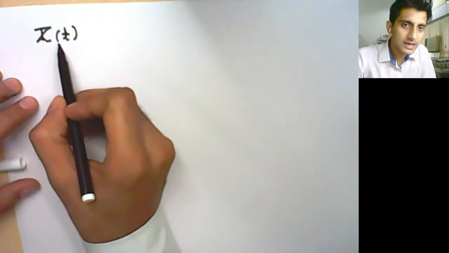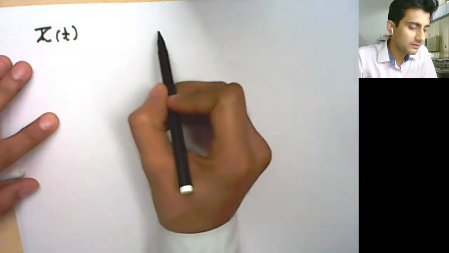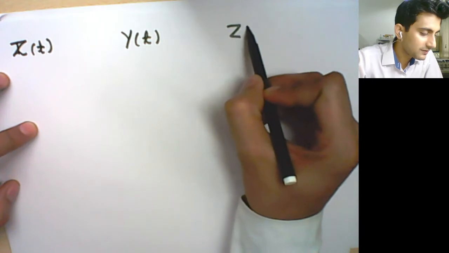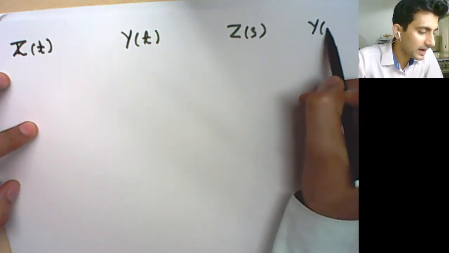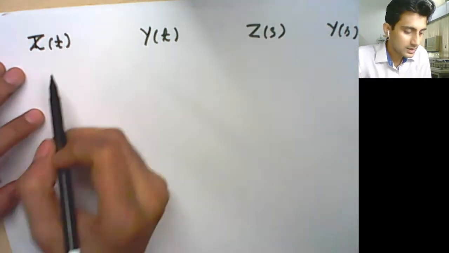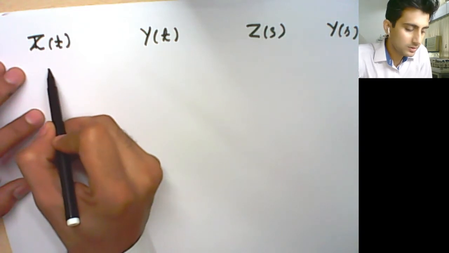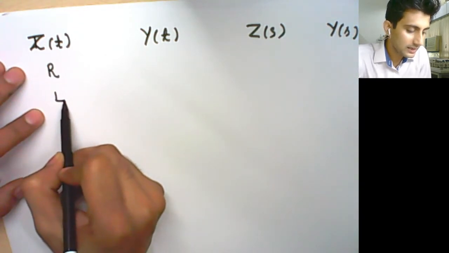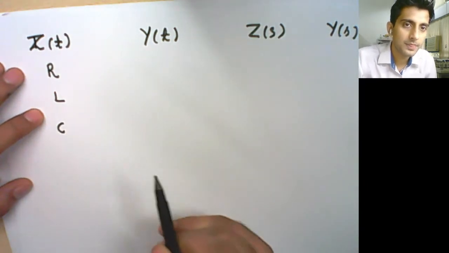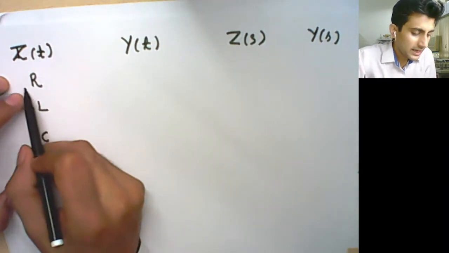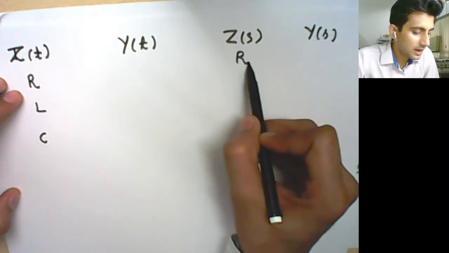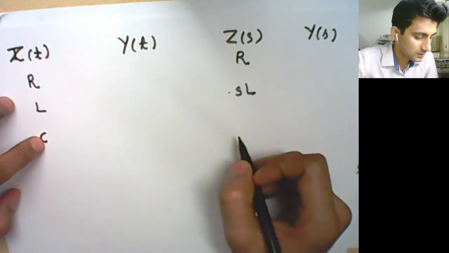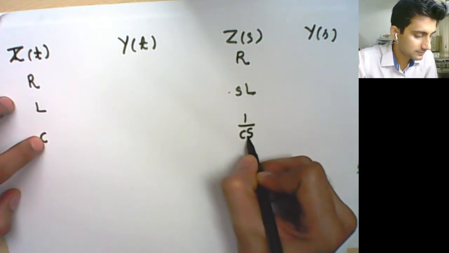So we have Z, which is a function of time, and we can also have Y, which is a function of time. We can have Z, which is a function of S. We can also have Y, which is a function of S. Okay? In Z, which is a function of time, you have it as R, L, C. Okay? In S domain, your R remains R, but your L becomes Ls and your C becomes 1 upon Cs.